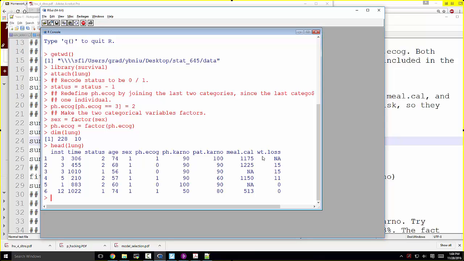So let me say something general about starting out with the model selection process here. Somebody, the PI of the study, decided to measure these variables. There is reasoning behind these variables that were measured. So from the get-go, I would prefer not to remove variables.